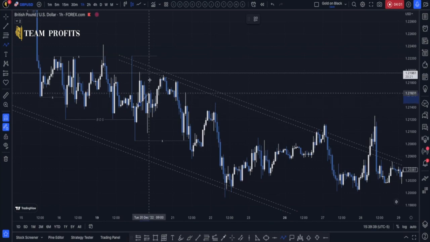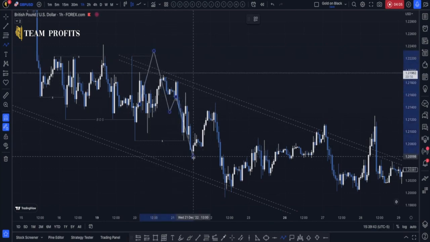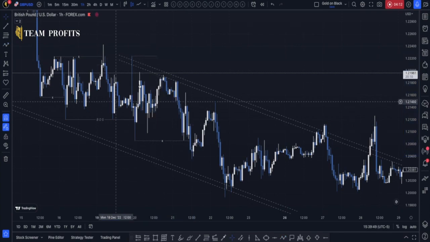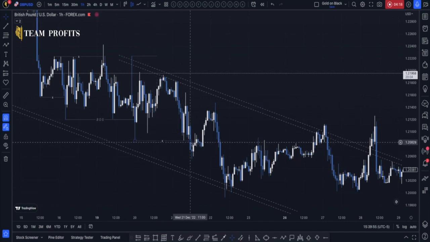The market would have to do this, boom, induce, and then if it breaks, aha, this is my BOS. But because the market did not do any of that, it just stayed within the zone and broke to the downside, there is no confirmed break of structure. It's definitely breaking that low, but it's not a confirmed break of structure. I hope it makes sense.